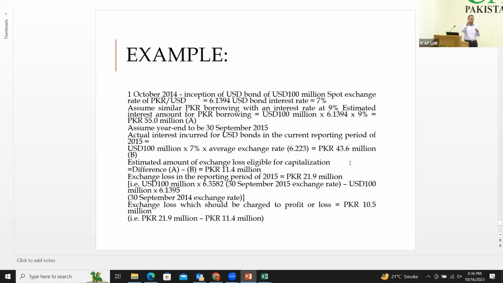If your exchange loss is less than this difference, then the whole exchange loss can be added in the cost of a qualifying asset. So it's a very important area. Most of our practitioners ignore this area and expense out the whole of the exchange losses. But you can add this exchange loss into borrowing cost, and then the borrowing cost of a qualifying asset can be added in the cost of the asset.